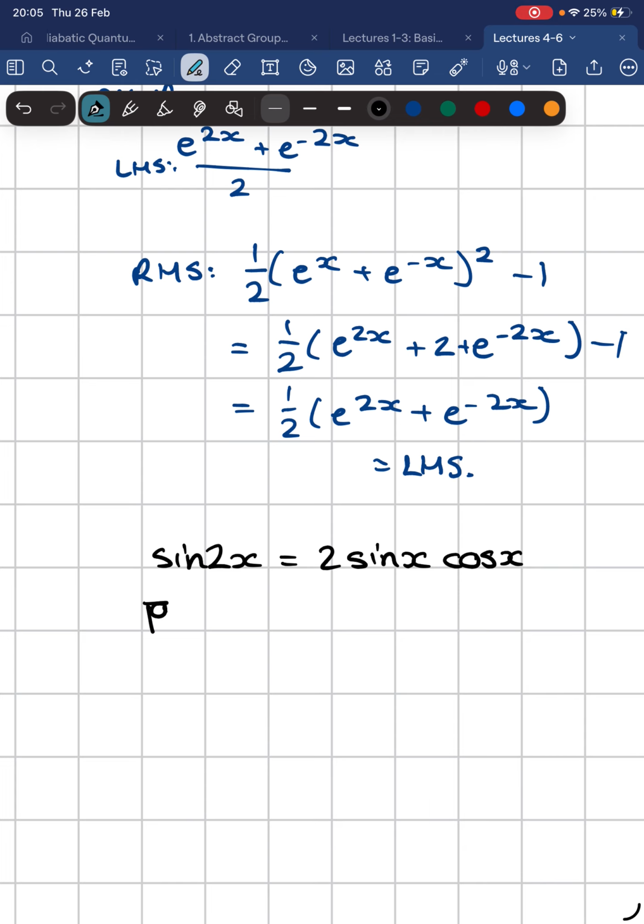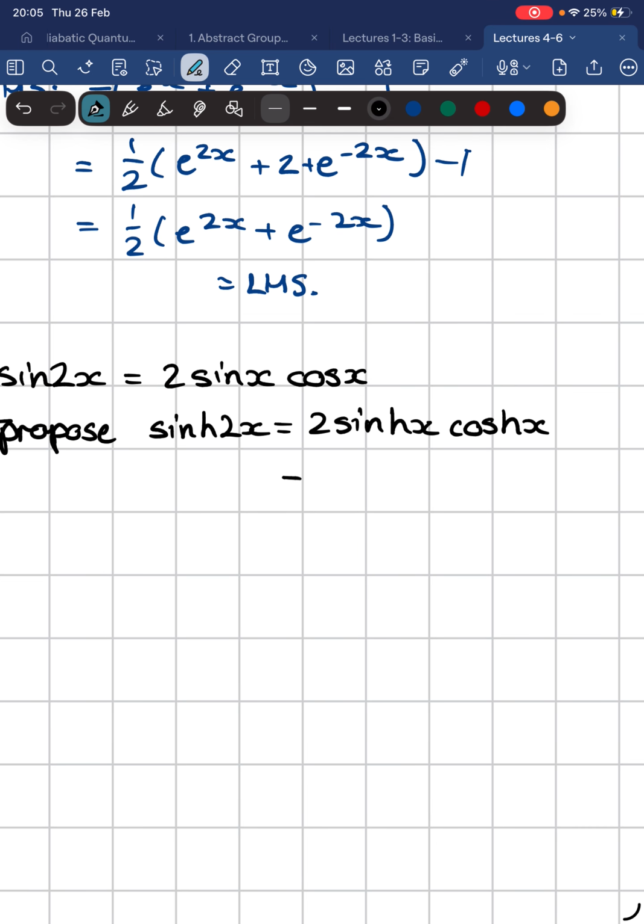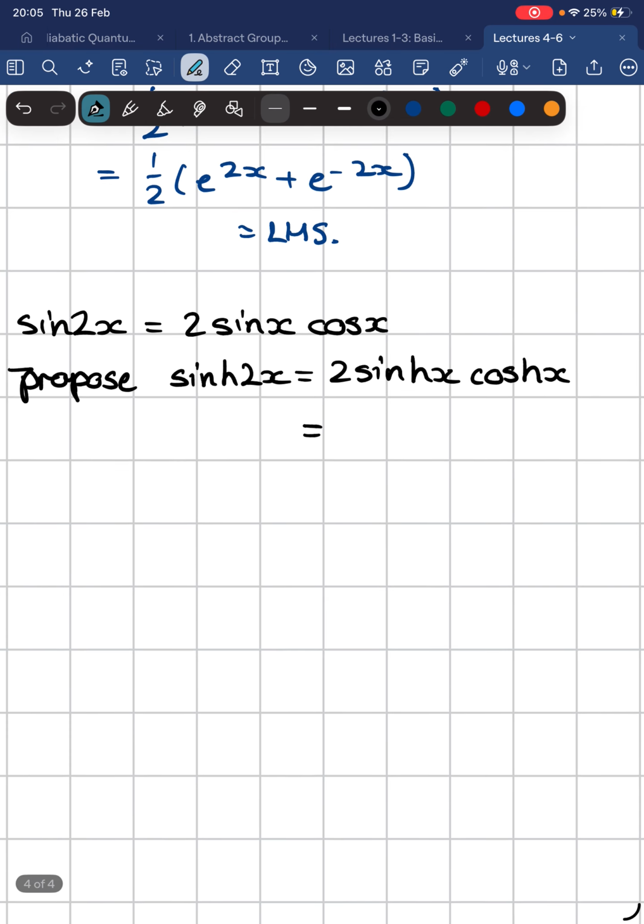Let's propose sinh 2x is equal to 2 sinh x cosh x. Okay, how do we prove that?